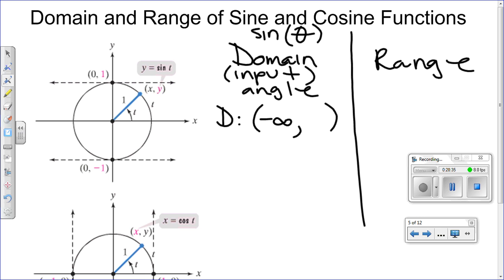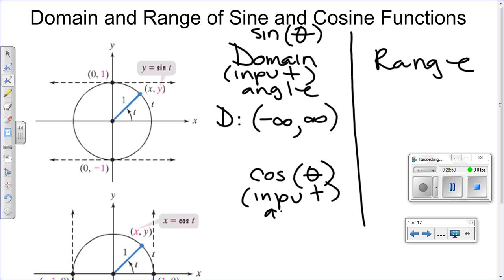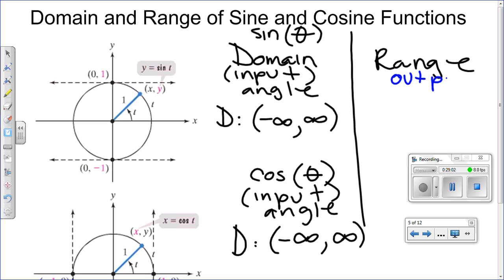So the domain will be all real numbers. Also for the cosine function, the input, which is the angle, will be all real numbers. Now, once we get to the range, which will be the output, remember that.